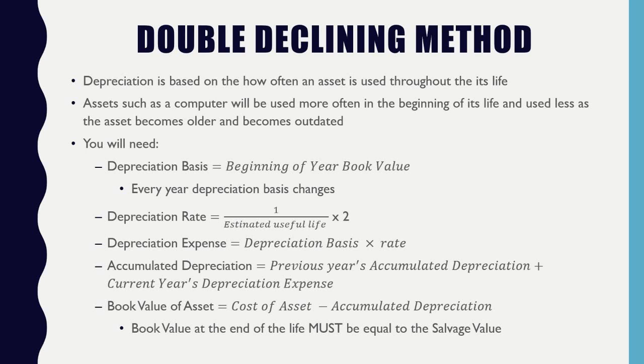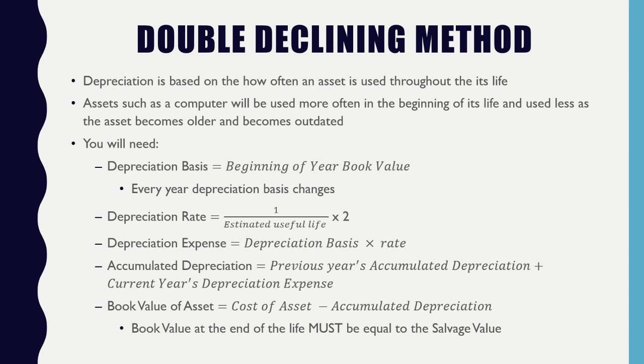So with that being said, we'll go ahead and take a look at how time affects your asset, but also let's take a look at the formulas. Of course we have the same constant five things that we're looking for. The first one is the depreciation basis.